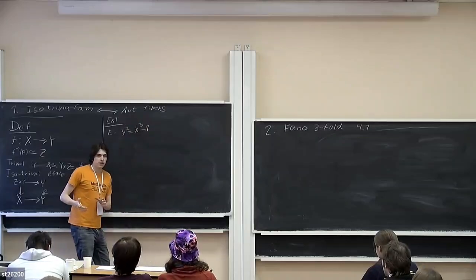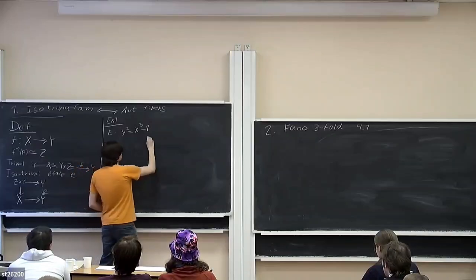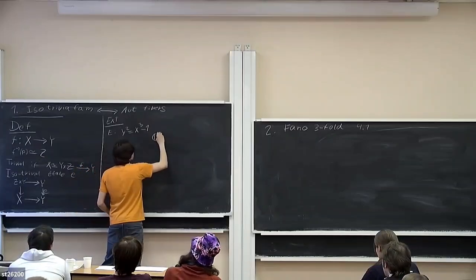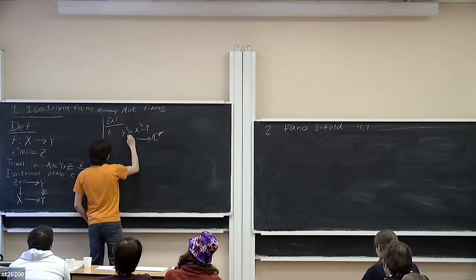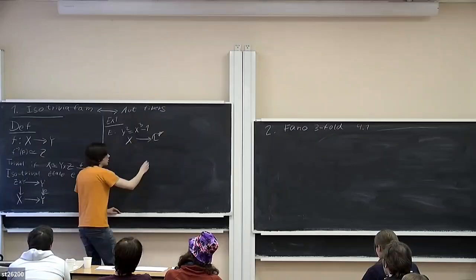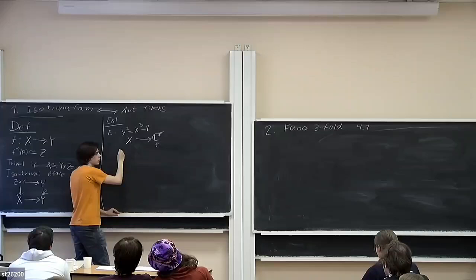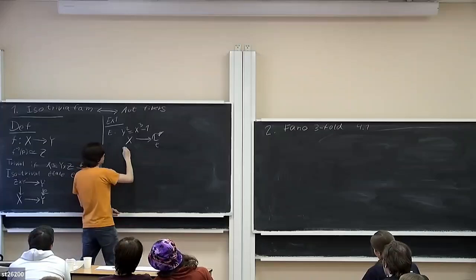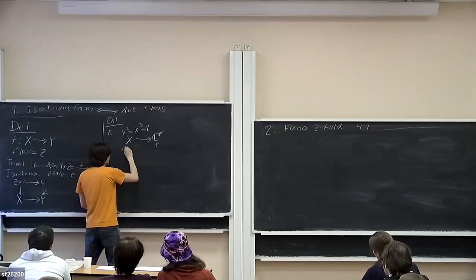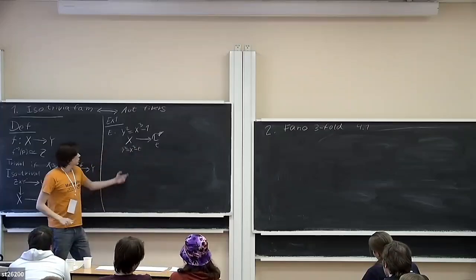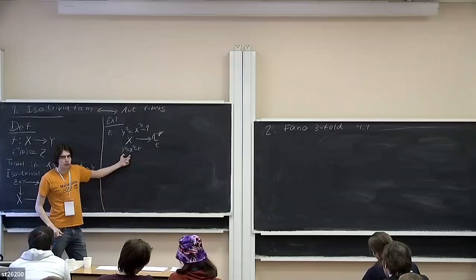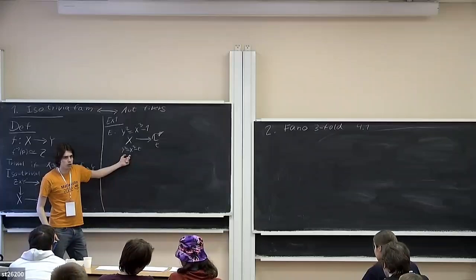And we construct a family over C star where the fiber over t will be the affine elliptic curve defined by y squared equals x cubed minus t. So these affine elliptic curves all have the same j-invariant, so they are all isomorphic.